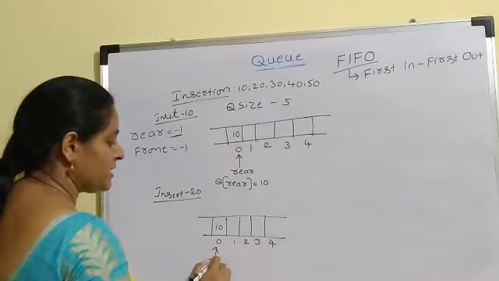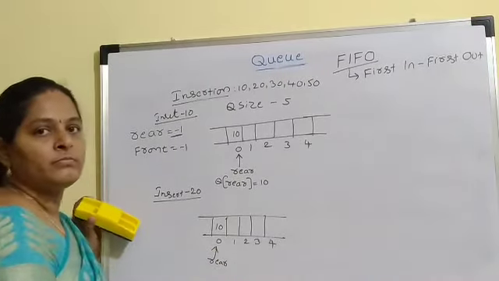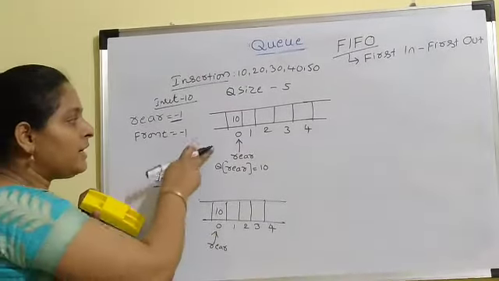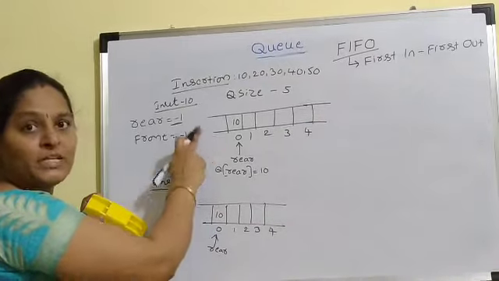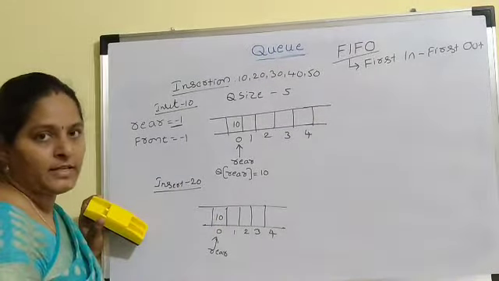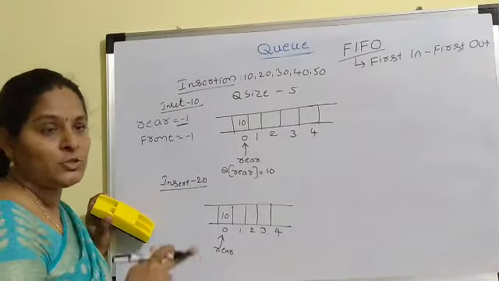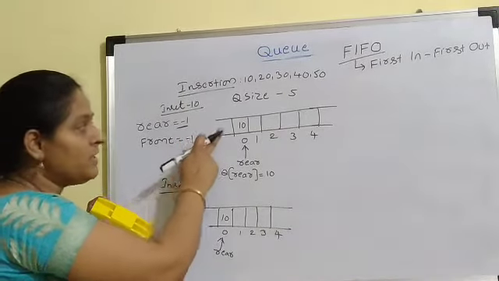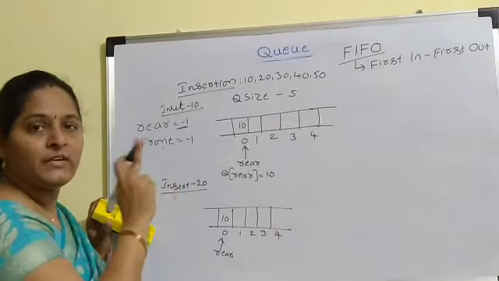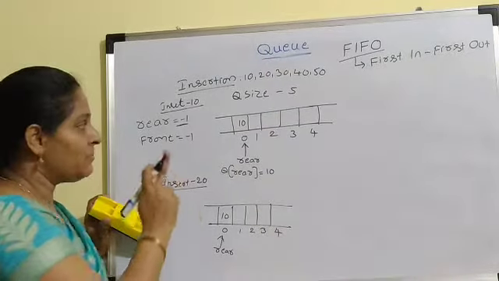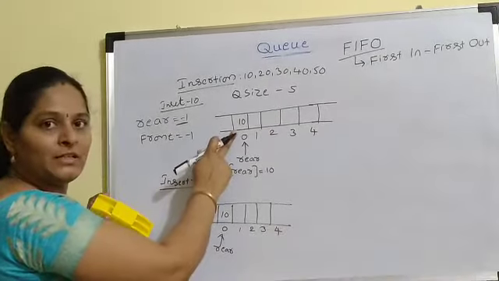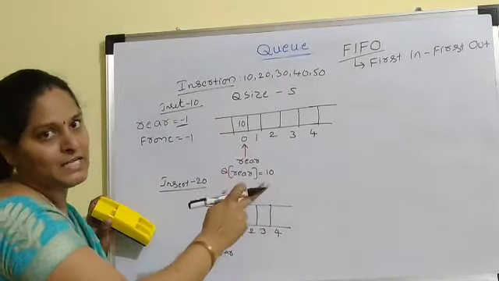Now the rear pointer is at the 0th position. After insertion of 10 into the queue, the queue is not empty. If the queue is not empty, front should not be -1. Here the queue contains one element, so compulsorily that element will be the first element as well as the last element.